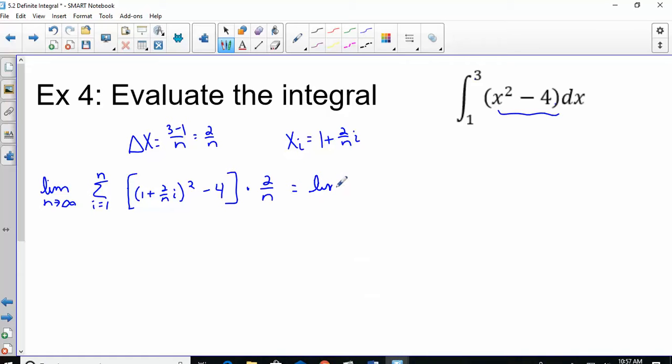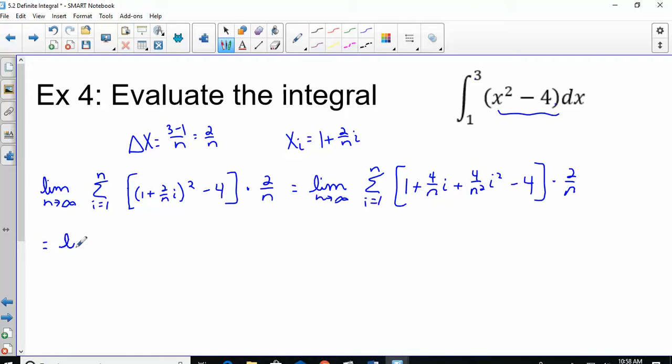I recommend simplifying as much as you can. So if you FOIL that out, you get 1 plus 4 over n i plus 4 over n squared i squared. We still have our minus 4 on the end, times that 2 over n.